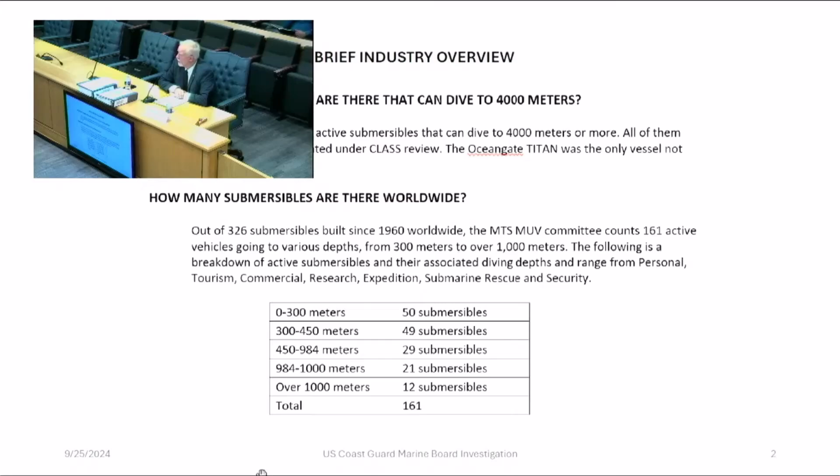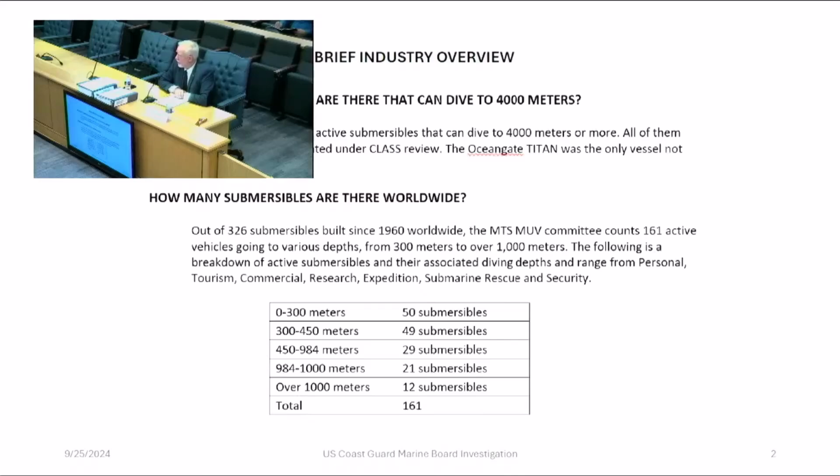Here is what I put together. The first few slides, a brief overview, are for general benefit, and I know the public has some questions. What is the industry made out of? How many submersibles go to 4,000 meters? These are some very brief items I put together last summer to brief people in the industry who want a better idea of the situation we have here.